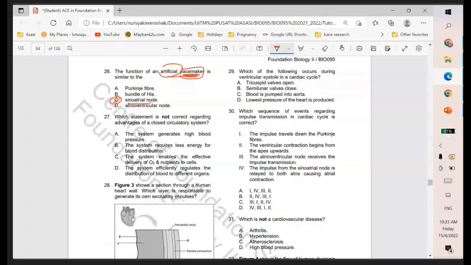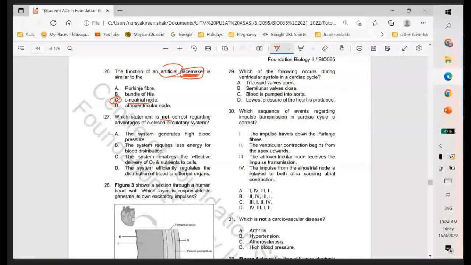Next Nabil, 27. Which statement is not correct regarding advantages of a closed circulatory system? My answer is D. The system requires less energy for blood distribution.